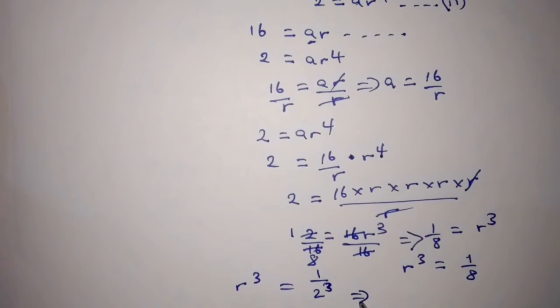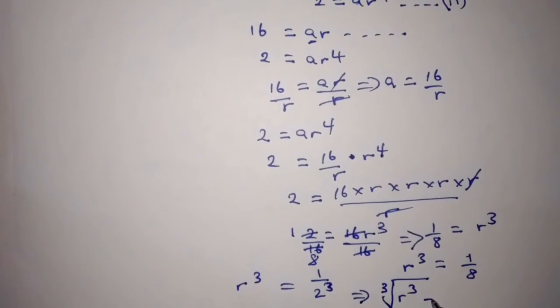We can take the cube root of both sides. We can say that the cube root of r power 3 is equal to the cube root of 1 over 2 power 3.